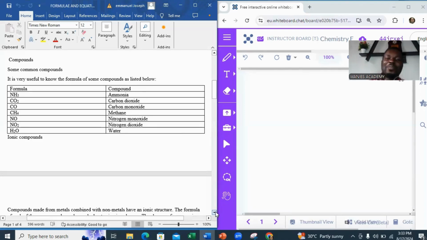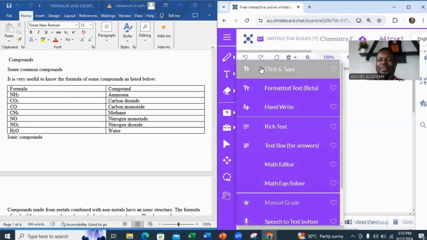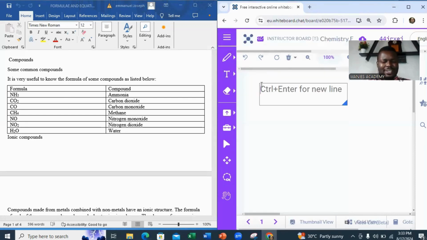If you look at this critically, you will notice that ammonia, the first on the list, the name itself does not suggest the constituent elements, or the constituent atoms that make up ammonia. From the last one, we have water.